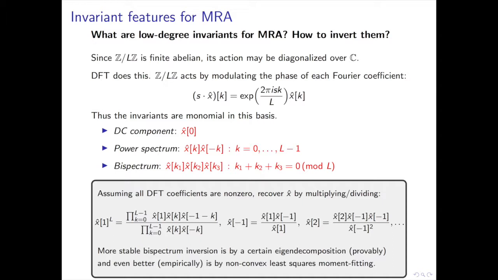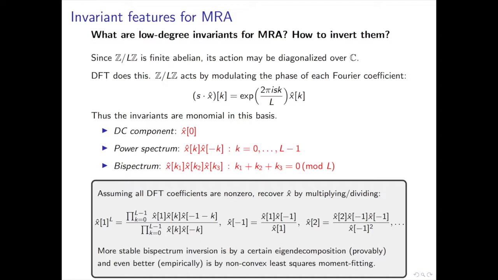It's not numerically stable. You can think of better ways to do this inversion, and one is a certain eigendecomposition on the bispectrum. Even better is just least squares fitting, empirically. You still use only these three, and then do least squares, and it actually works as well, but without any kind of proof right now.